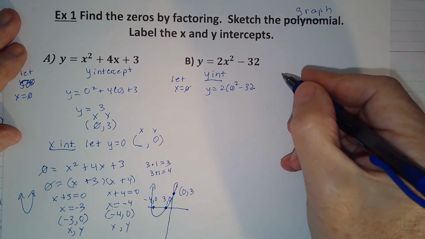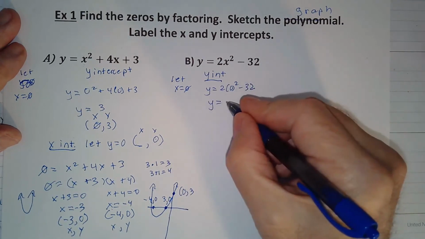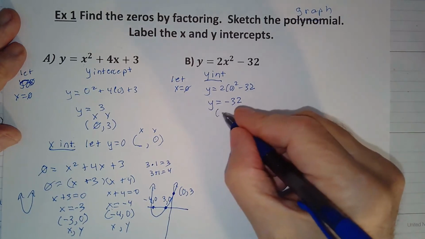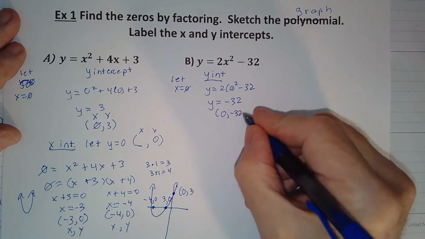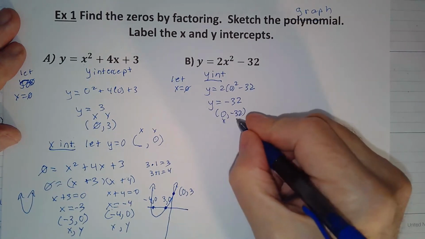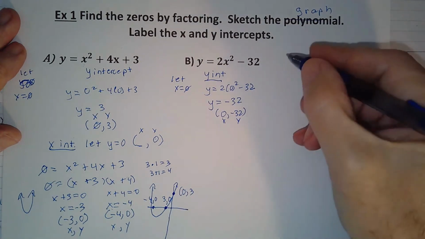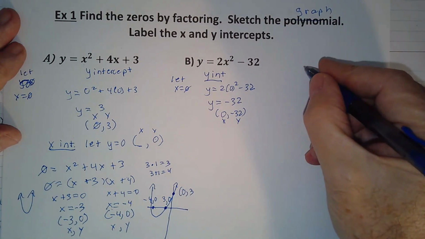Okay. And so this is 0, so that means y equals negative 32. That was easy. So x is 0, y is negative 32. Okay. All right. And then we want to do the x-intercept. We'll do it over here to the right.